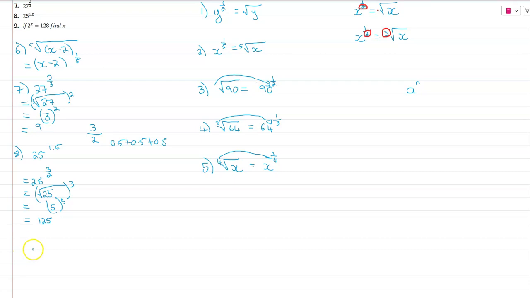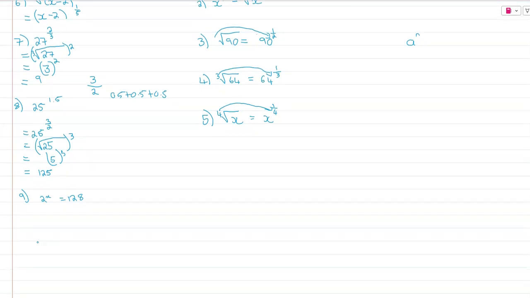If 2^x equals 128, find x. So that's number 9, 2^x equals 128, what would x be? How would we solve that question? The way that I would solve this equation is I would use prime factors to find the product of prime factors for this number.